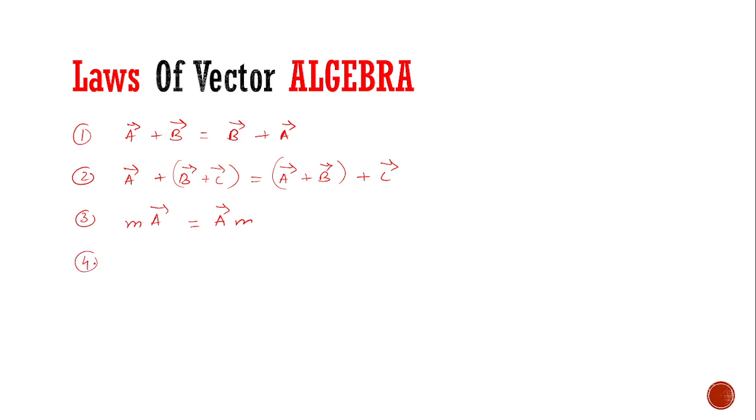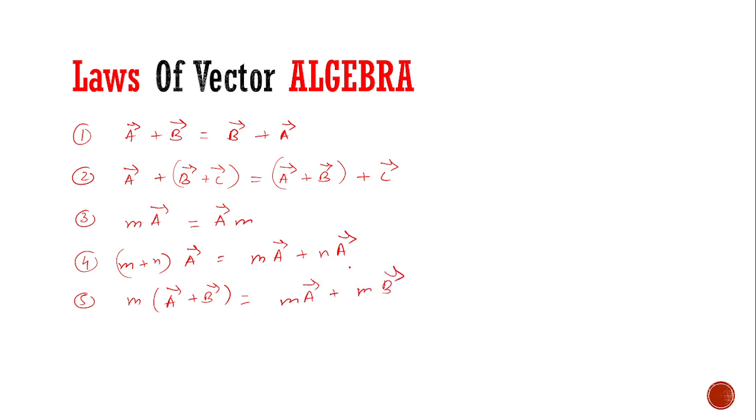Again, M plus N times A vector equals M A vector plus N A vector, and lastly M times A plus B, you can write it as M A vector plus M B vector.